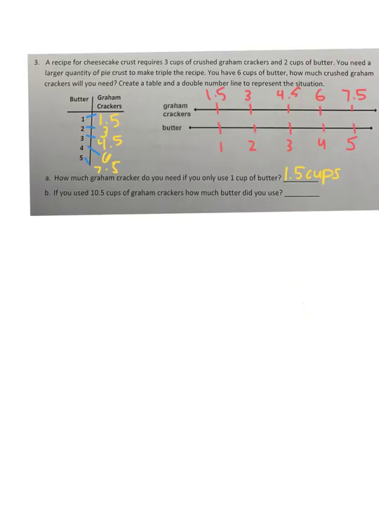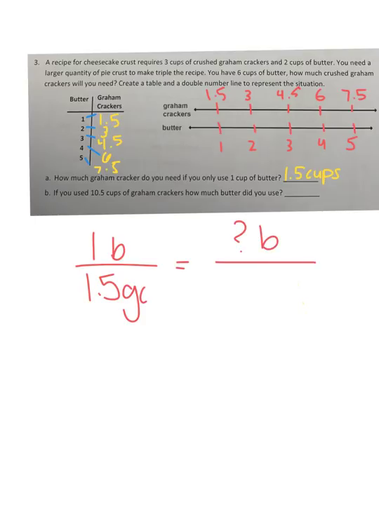So our last question asks us, if you use 10.5 cups of graham crackers, how much butter did you use? So we can set up a proportion to figure this out. We know our unit rate is 1 cup of butter for 1.5 cups of graham cracker. We want to figure out how many cups of butter we need for 10.5 cups of graham cracker.